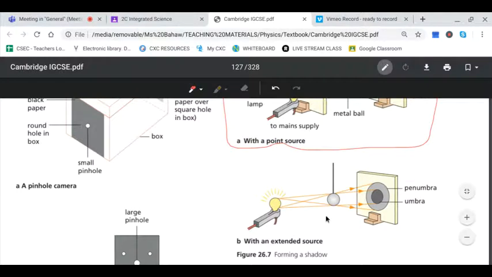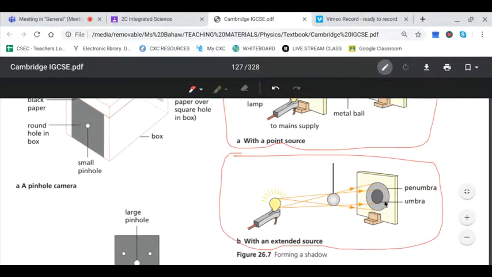So you're going to notice you have light spreading in different directions, which is going to form a shadow with a darkened region and a lighter region. The dark region is what you call the umbra, and the lighter region is what you call the penumbra.